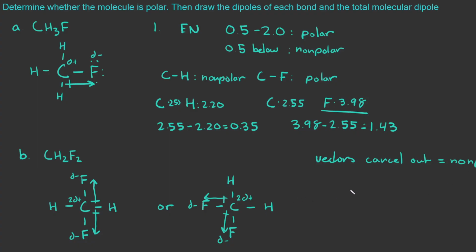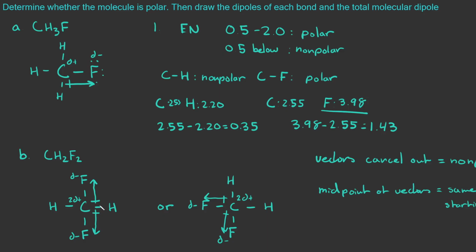What that means is, an easy way to do this is, if the midpoint of your 2 vectors is equal to the same position as the starting point, that means nonpolar. Let's go through how this would look with our examples here.